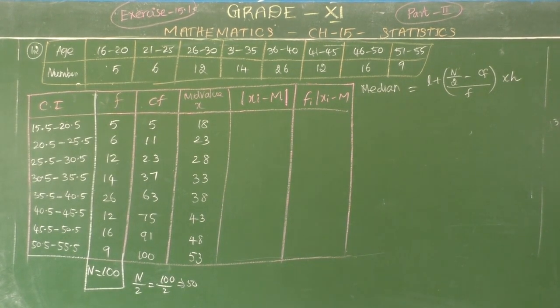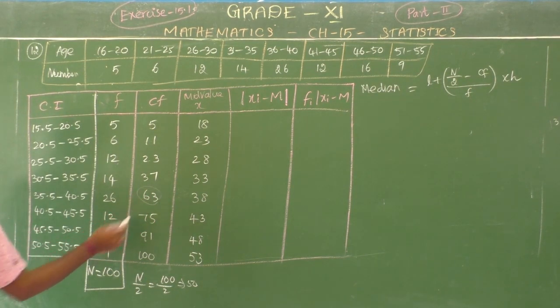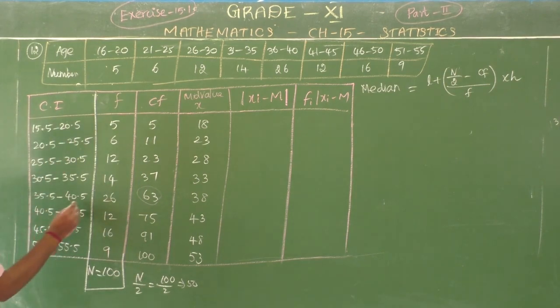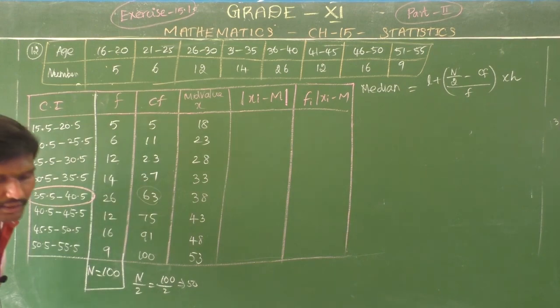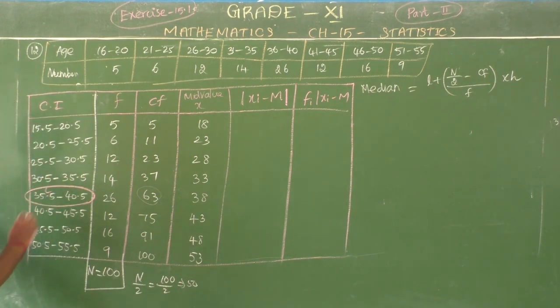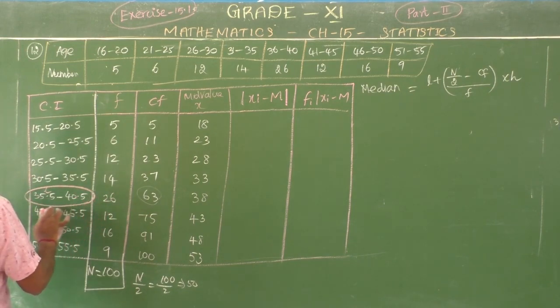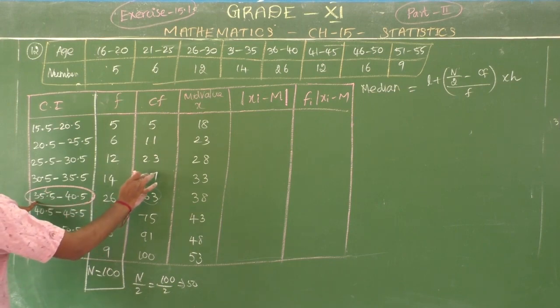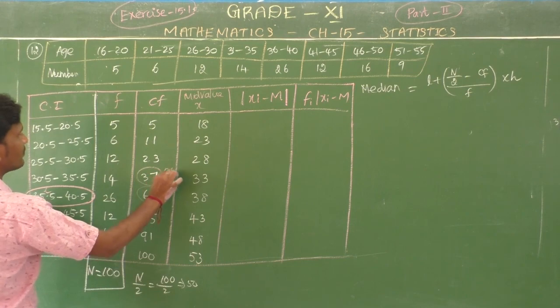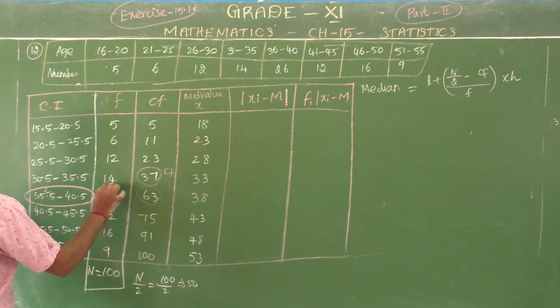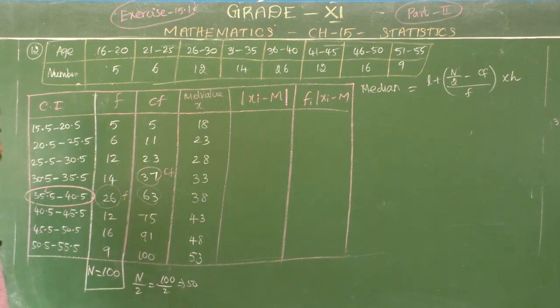So we should take the median class. Here n by 2 is 50, as I already told you. The nearest cumulative frequency to 50 is 63 only. So the median class is 35.5 to 40.5, and this is the lower limit L. Cf is the cumulative frequency just above the median class, f is the frequency of the median class, and h is 5 only.